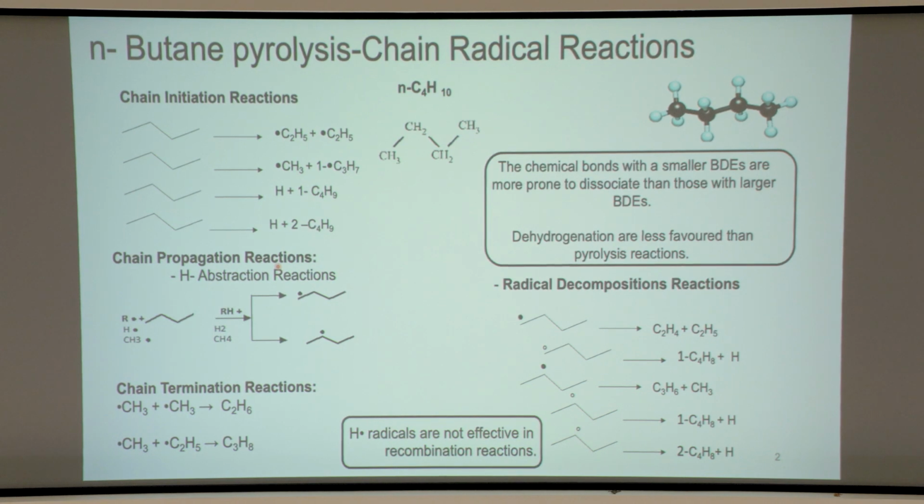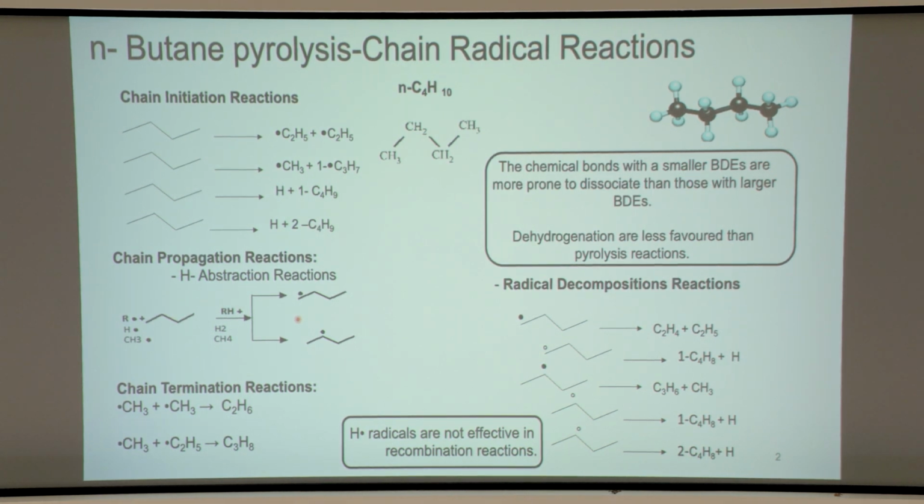So after initiation, we think, what are all the different propagation reactions? Well, the fuel radical, for example 1-C4H9, can react with the parent butane. Any radical can react with the parent hydrocarbon to abstract a hydrogen. This is a hydrogen abstraction reaction.